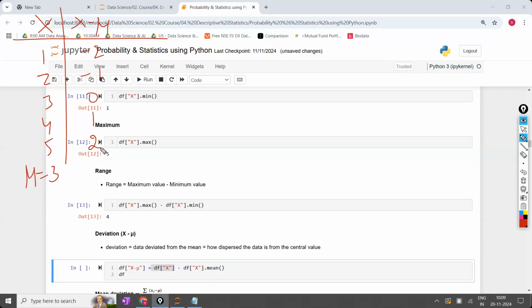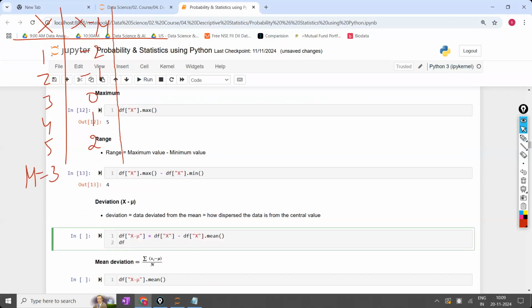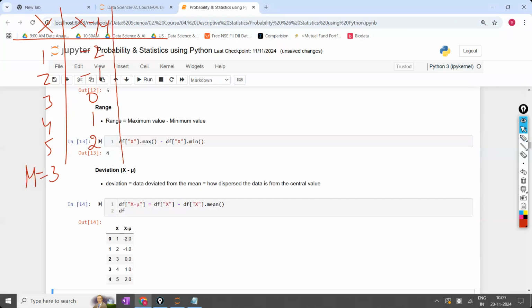This is x minus mu. Right side, first I take x minus its mean value, so you get x minus mu.